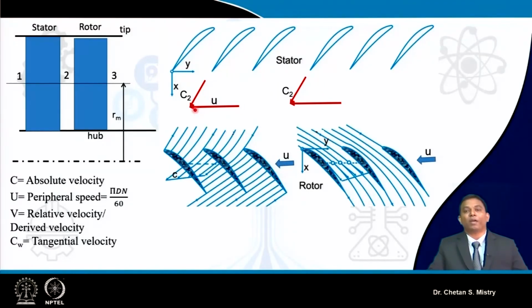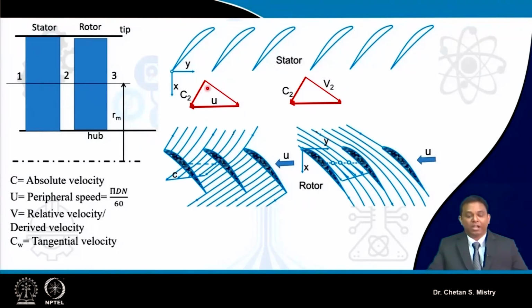Now, from your fundamentals of mechanics, when I put my velocity triangle, it needs to be a closed loop. It should be closed, so let me close this. This is my closed velocity triangle. The connecting velocity component I define as the relative velocity. So this V2 is nothing but my relative velocity.